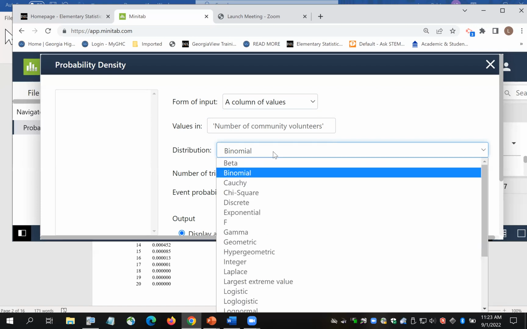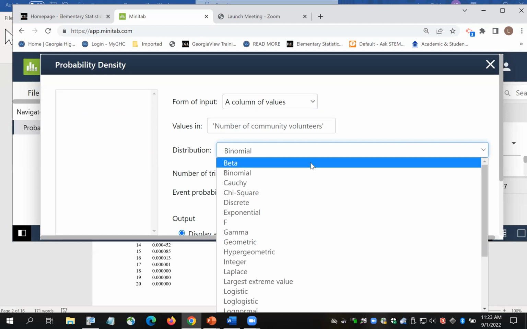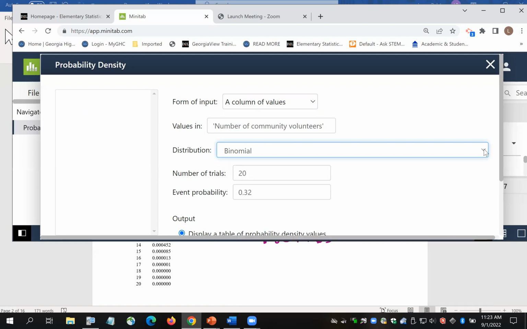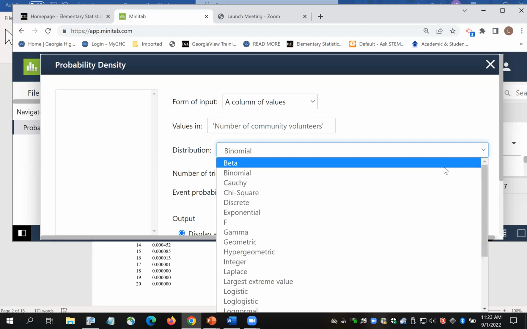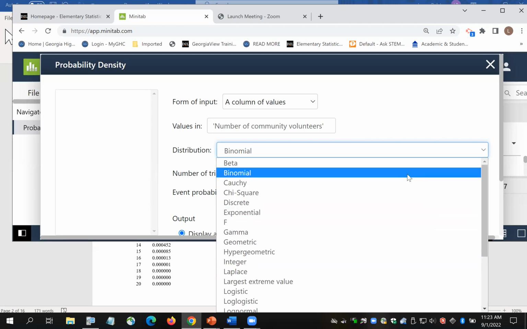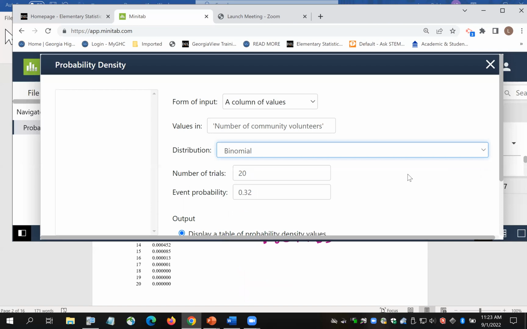I have to choose the binomial, tell it which distribution. Again, it defaults to the normal, but I click the arrow and it gives me the drop down box. They are in alphabetical order, so I choose binomial. And I have to tell it the number of trials and the event probability.